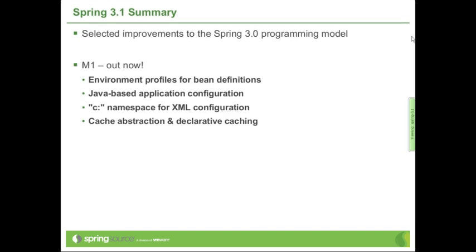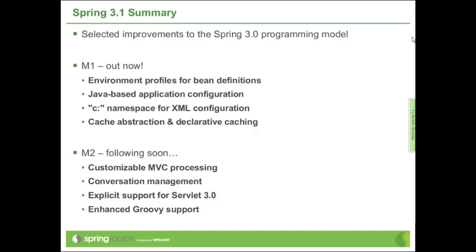So M1, which is basically out tomorrow, but if you pick up the latest snapshots, you'll basically get exactly what we're talking about here already. The first milestone contains the whole environment profile, the environment abstraction, the Java-based app config, feature methods, and so forth, the cache abstraction, and the C namespace. All of this is available in M1.